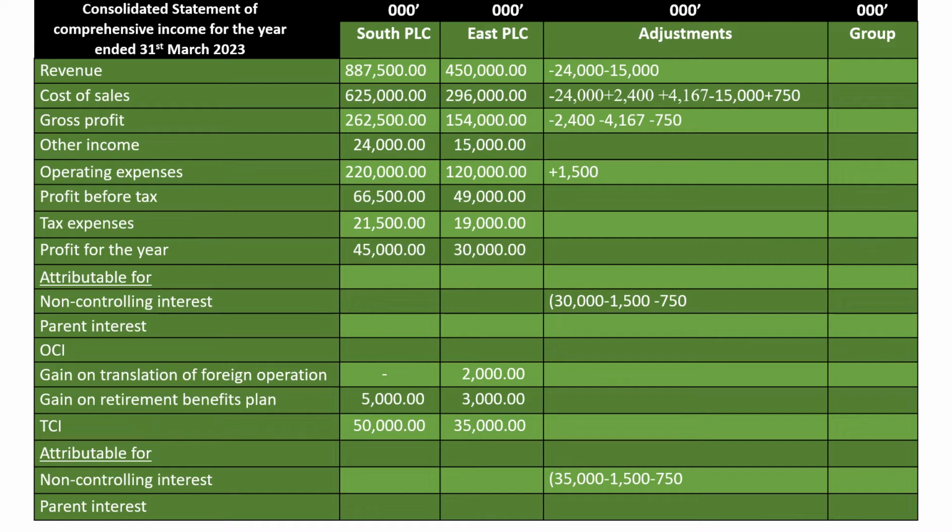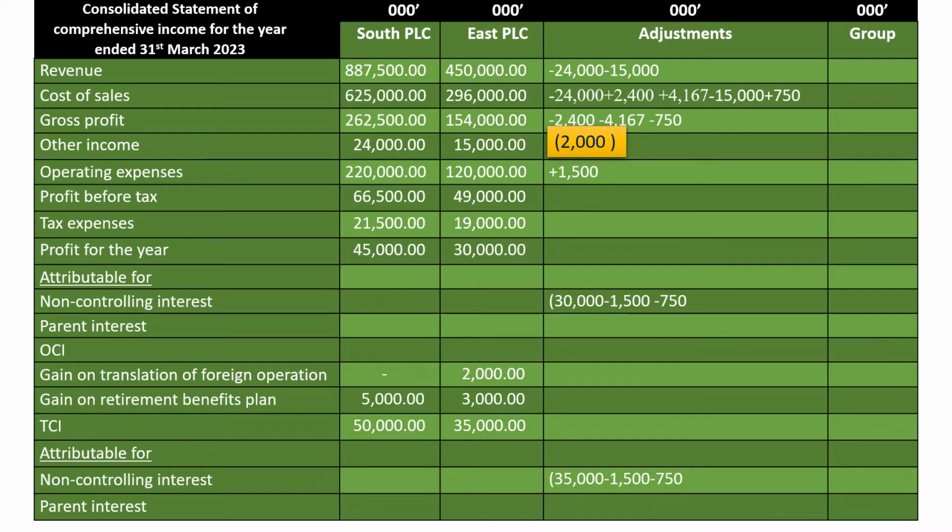Here the unrealized profit from selling the non-current asset is included in the other income. So we are going to remove this profit from the other income. At the same time, we calculated there is over depreciation. So this over depreciation is included under the operating expenses.